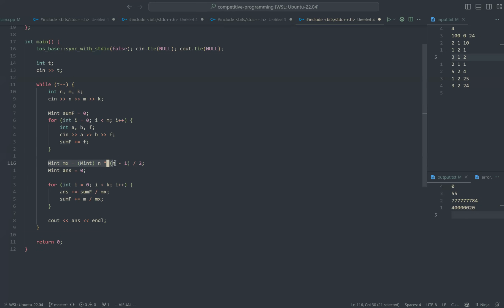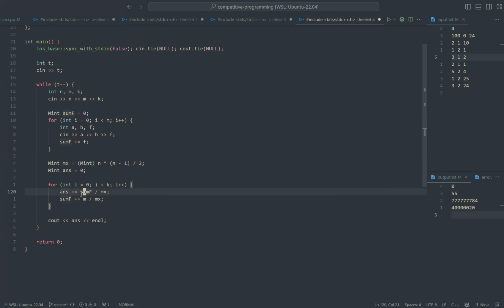I created a variable named mx, which holds the possible number of pairs, that is nC2. And here I have a variable named answer, initialized with 0. After that, for k excursions, I have a loop of size k.